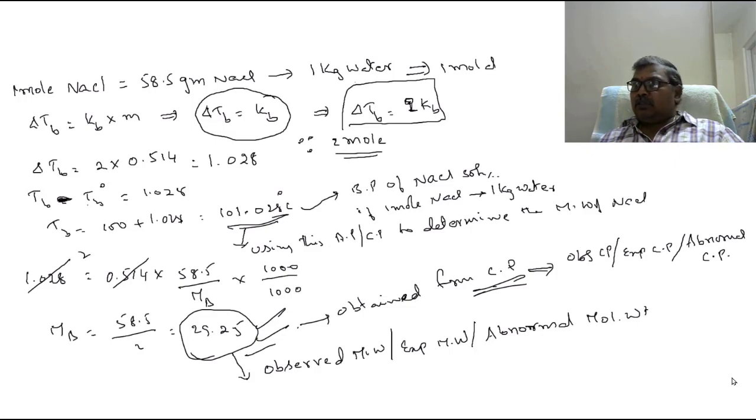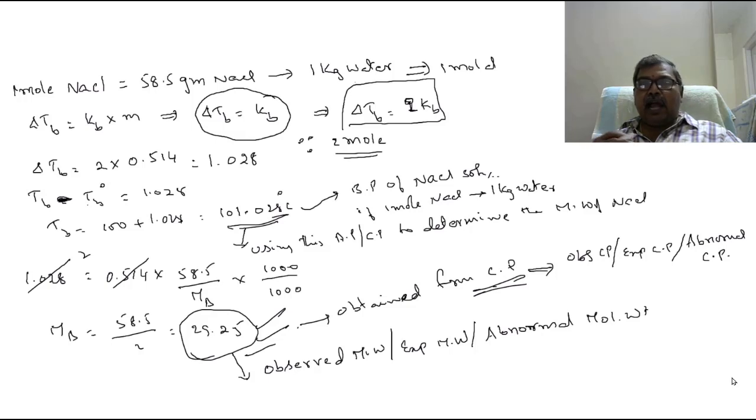Okay. So if any solute undergoes either association or dissociation, the number of particles will change. If the number of particles actually dissolved is not the same as the number of particles present in the solution, then we will get abnormal colligative property and abnormal molecular weight. Clear?